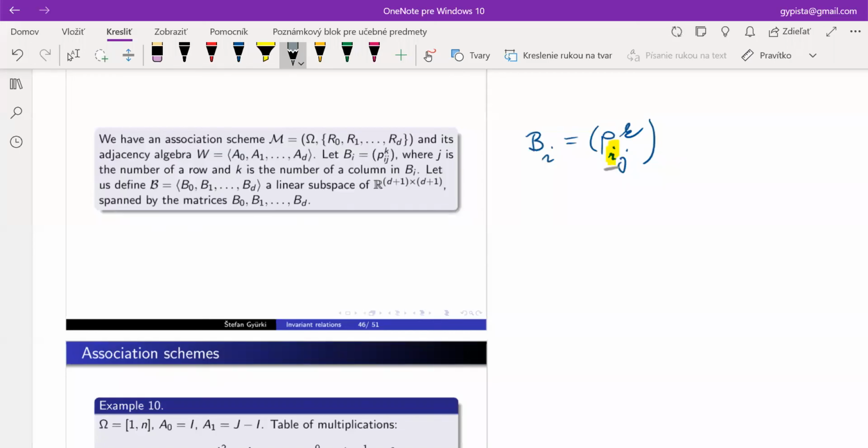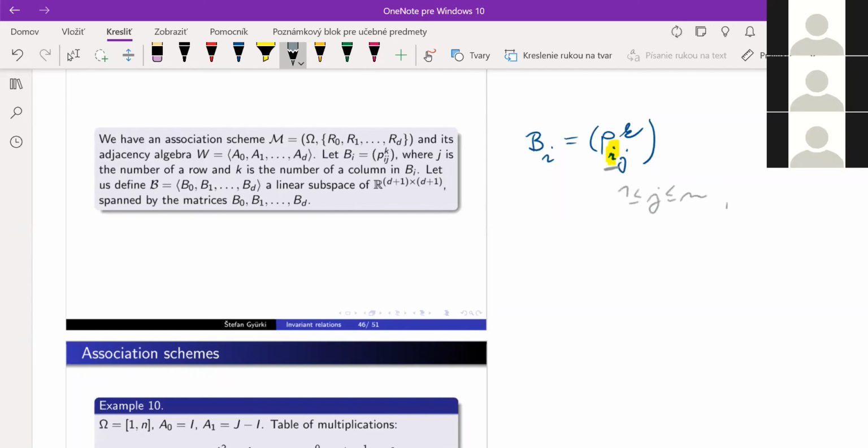going j and k, running j and k between 1 and n. So you are obtaining n by n matrices where n is the number of points in the association scheme.